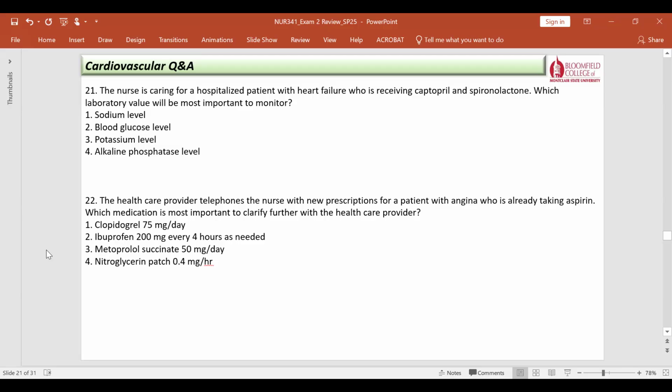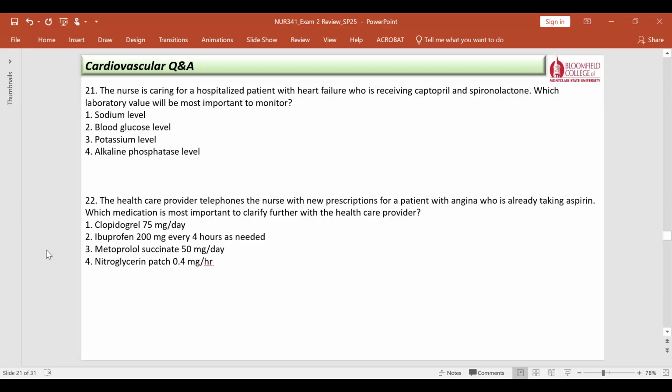The clopidogrel, metoprolol, topical nitroglycerin, which is like the Nitropaste, are all appropriate medications for patients with coronary artery disease, but should be verified because the prescriptions were received by telephone.